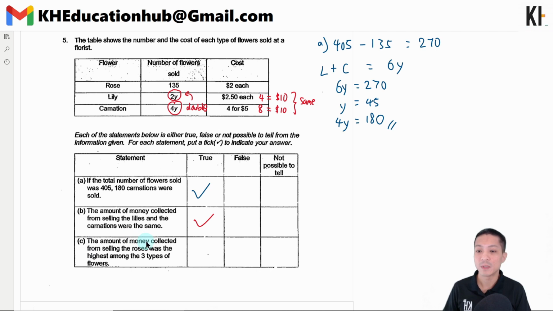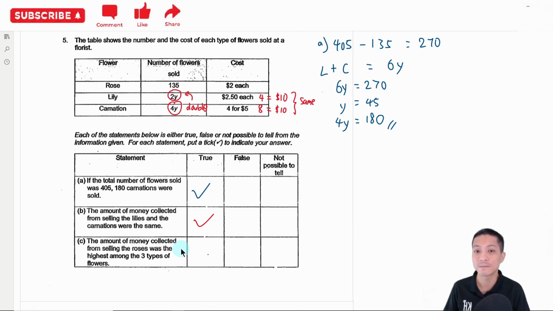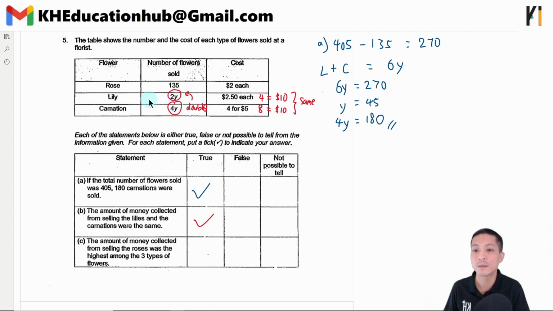Okay, C, the amount of money collected from selling the roses was the highest among the 3 types of flowers. We can't really tell because for all we know, how do we know how much Y is, right?